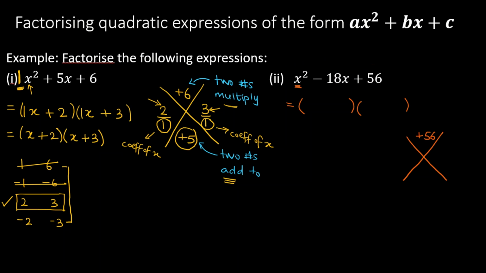Okay, the first step has been done. Now we consider the middle term. The coefficient is negative 18, so we write down negative 18 here.